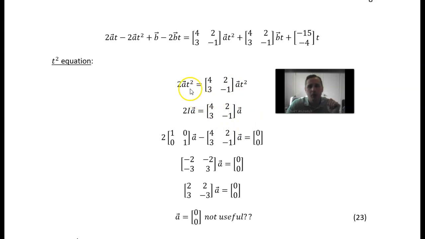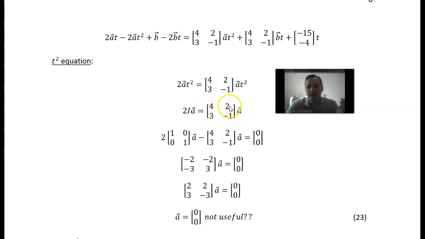Okay, so anyway, we can divide out the t squareds, and because there's a matrix here, I'm going to put 2 times the identity matrix because I think that'll be a little more straightforward. Because the identity matrix times vector A is the same thing as vector A, and that way we can solve really nicely here.